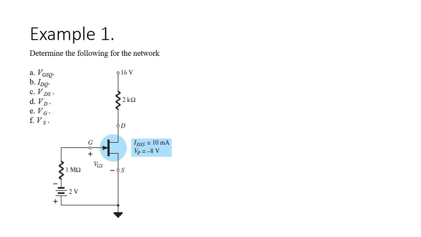We have to determine the following for the network: the VGSQ, the IDQ, the VDS, the VD, the VG, and the VS of the given network. So how do we get VGSQ? The solution. For letter A, VGSQ.